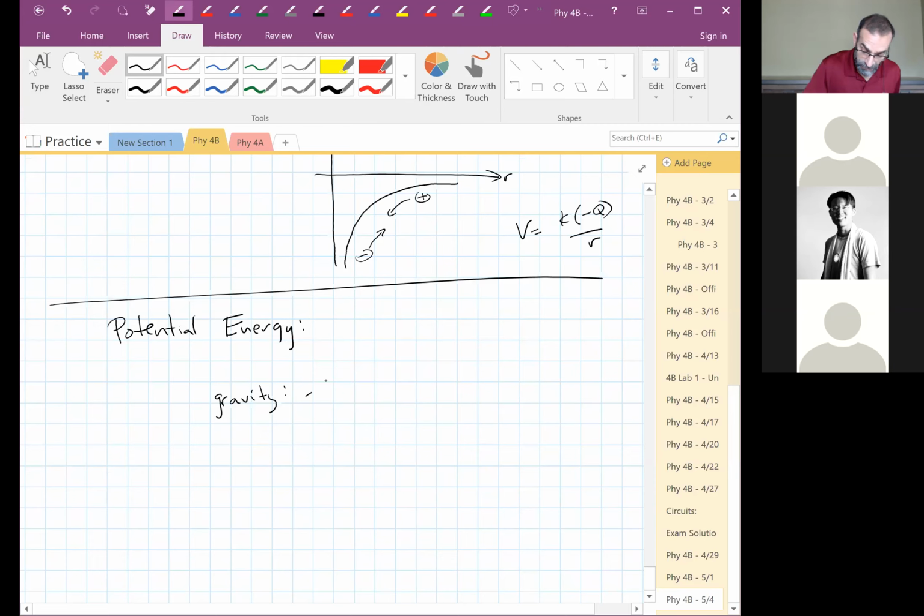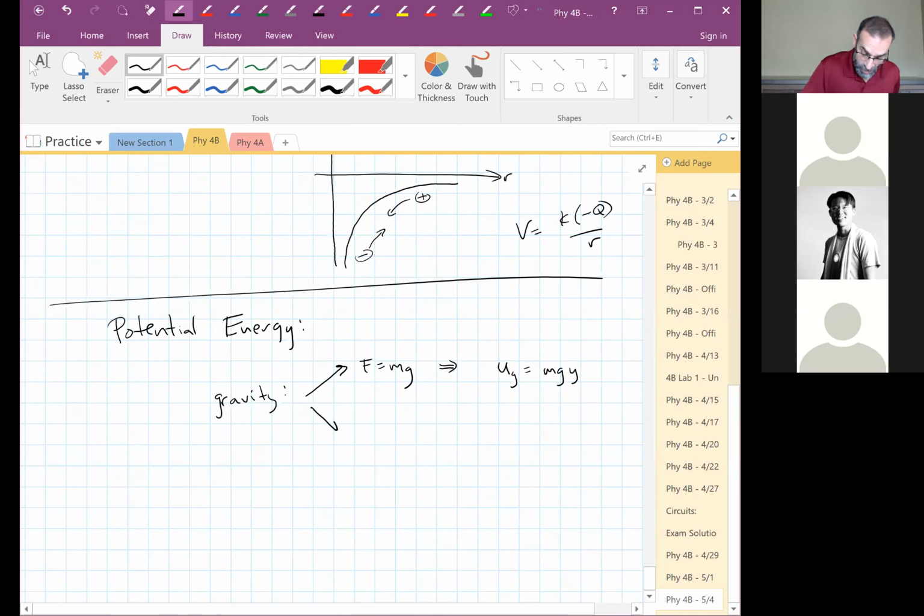For nine weeks of Physics 4A, what was the force of gravity? mg. And what do we do? We find the work done by that force, and we set that equal to potential energy, mgy, right? We integrate the force to get the work done, and we get a potential energy term.